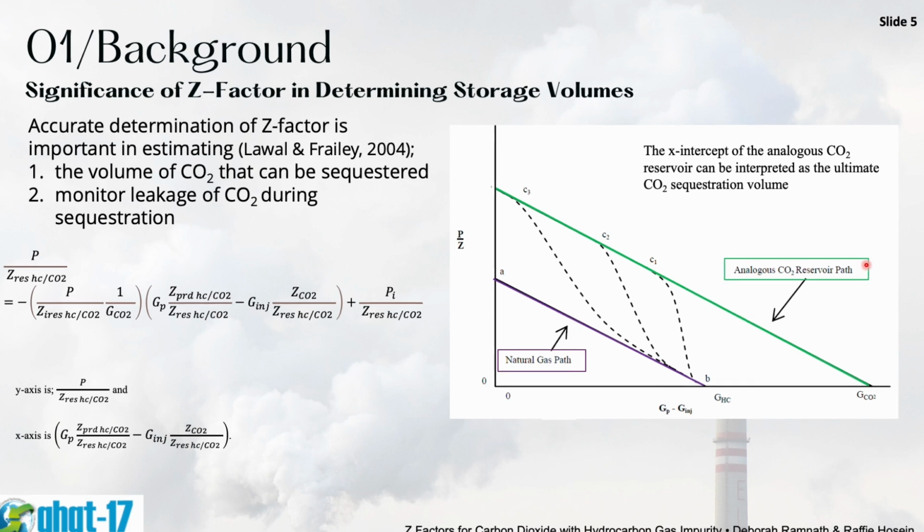And this is seen as the analogous CO2 reservoir part. As can be observed, the CO2 reservoir part line is higher than that of the natural gas line. This is because at same pressure and temperature conditions, Z factor values of CO2 are lower than Z factor values for pure hydrocarbon gas.